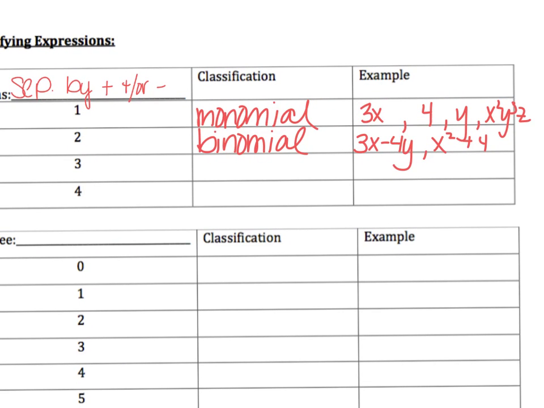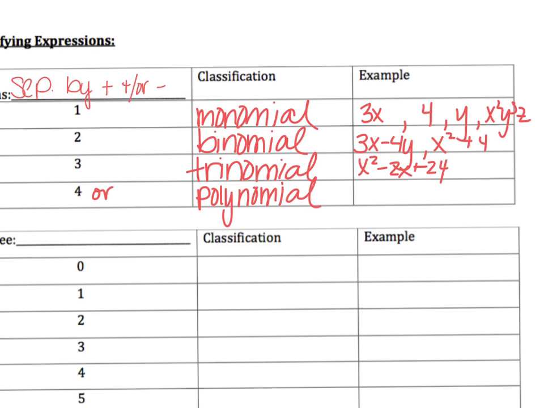Okay, three terms is what we call a trinomial. And a trinomial is going to be three terms added or subtracted together. So something like x squared minus 2x plus 24. Okay, something like that. It doesn't have to be the same variable. It could be all different variables. Just got to be three added or subtracted together. And when you have four, this is called a polynomial.